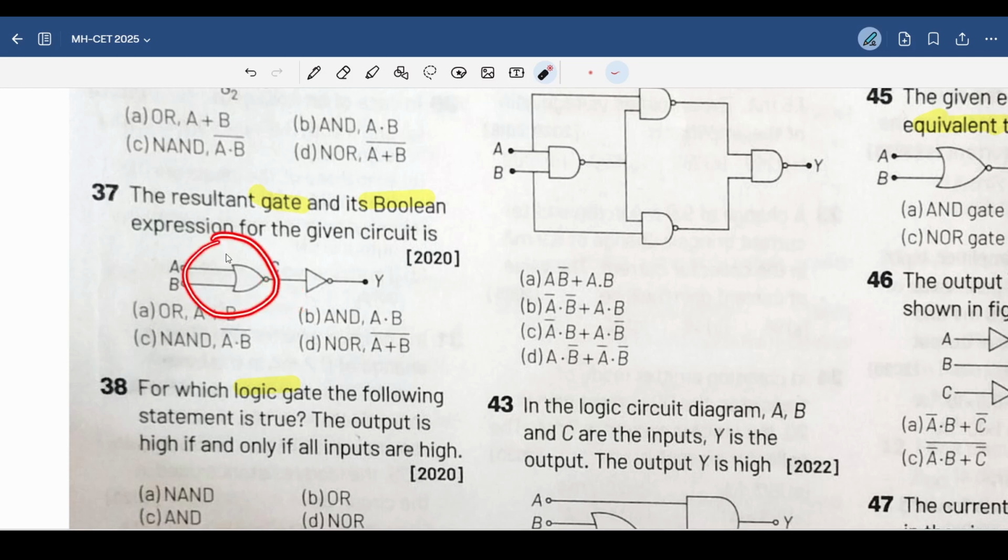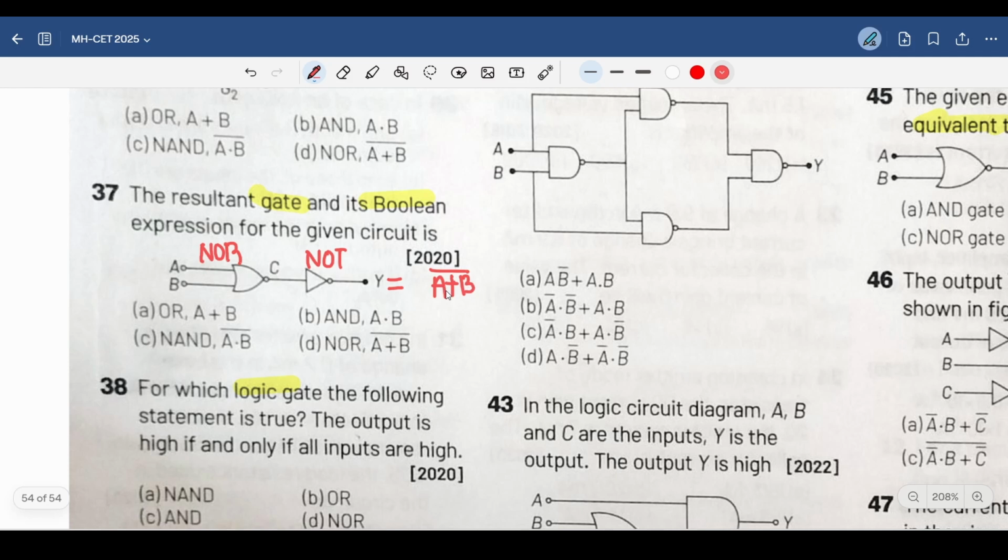So this is nothing but NOR gate. And this is the symbol for NOT gate. So what will be your answer? This is NOR gate, and this is a NOT gate. So what will be your resultant? What is NOR? NOR is nothing but A plus B bar.